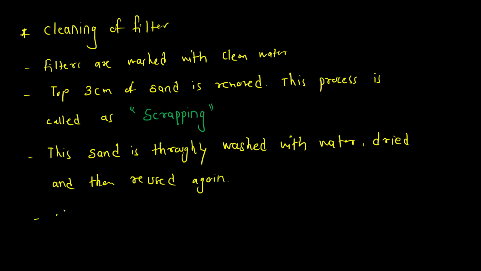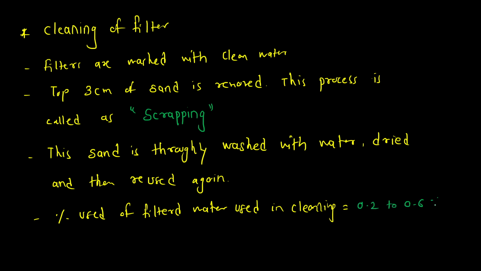And what is the percentage of filtered water used in cleaning? This is 0.2 to 0.6 percent. And this slow sand filter is washed once in a month to once in 3 months.